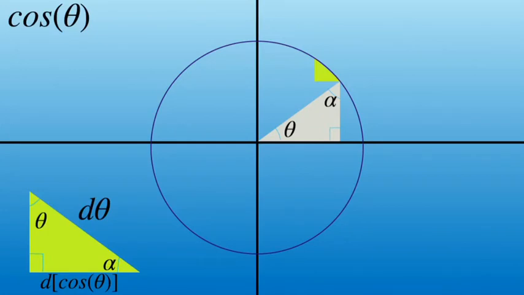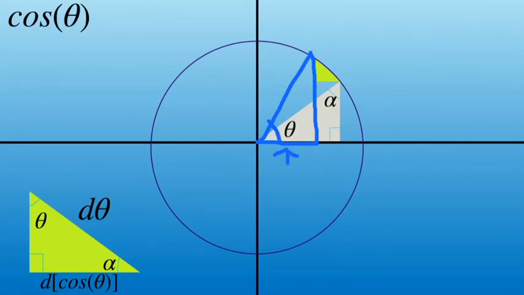And what you notice here is that this is the change in cosine of theta, right? Since this is theta, this is its cosine of theta, or it's the change in the cosine of theta, because when we draw a triangle with that new theta, right?